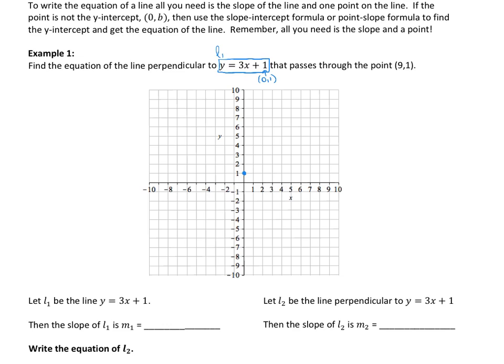I'm going to start with my y-intercept and then use the slope. I'm going to call it m sub 1, the slope of line 1, which is 3. I'll write that as a fraction, 3 over 1. From this point, I rise 3 units and go over 1 unit, which is the same as falling 3 units and moving left 1.